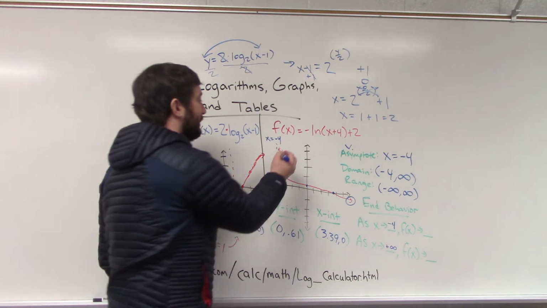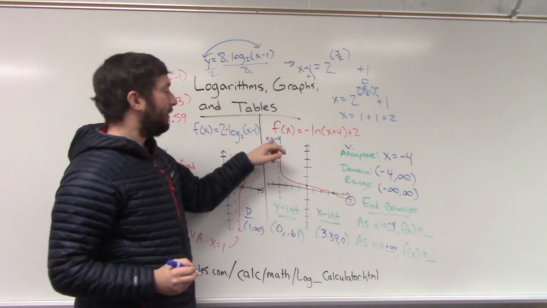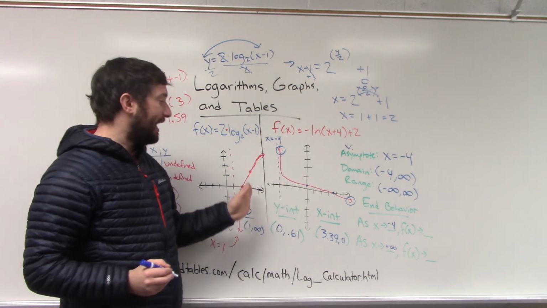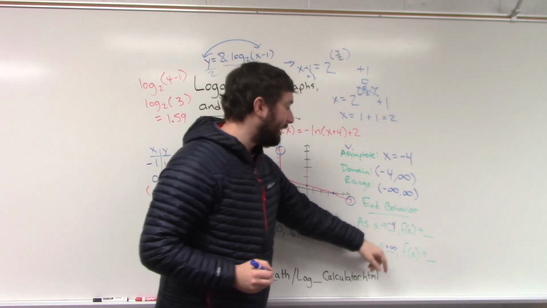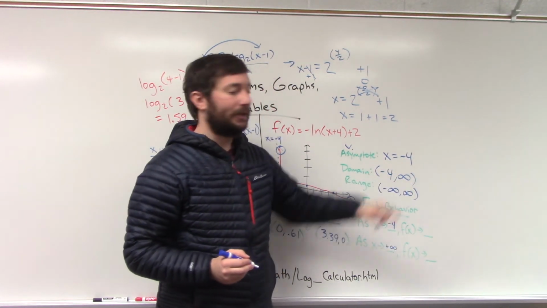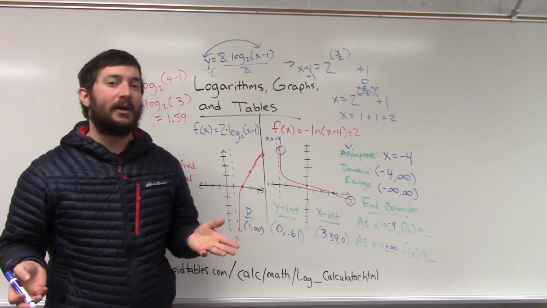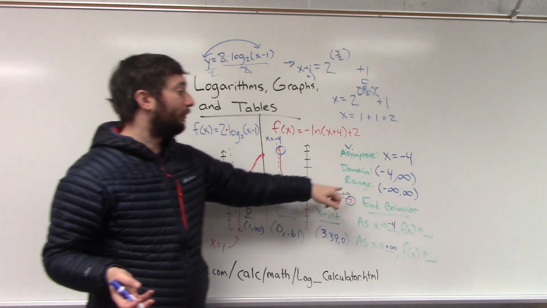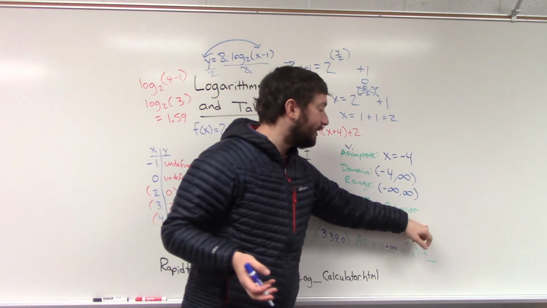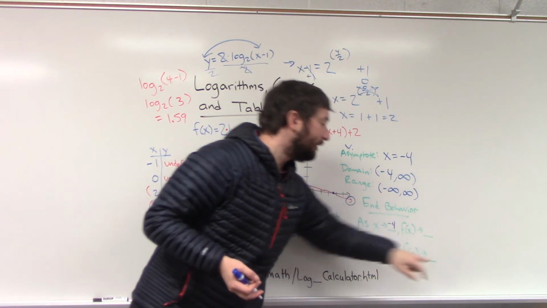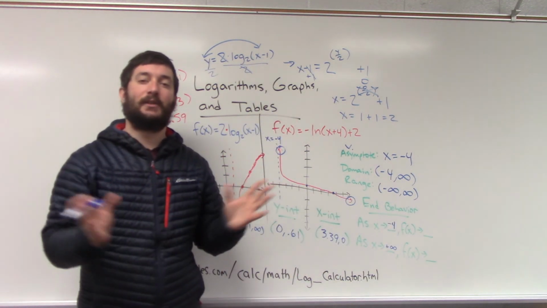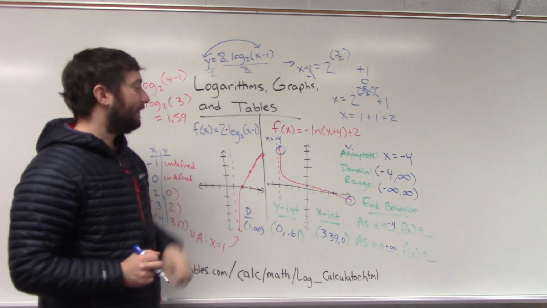It stops or approaches negative 4 along the x-axis, right? Negative 4. So these two blanks are going to get filled in by your domain. The only thing you're going to have to do now is figure out, for the range, do I put negative infinity here or here? Do I put positive infinity here or here? Your domain and your range always fill in the blanks for your end behaviors.